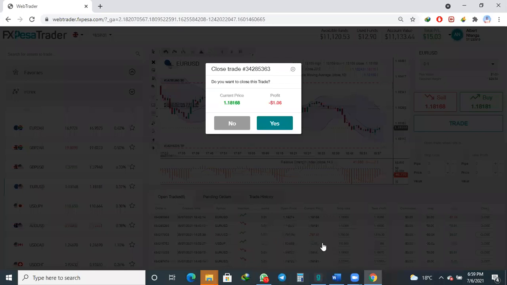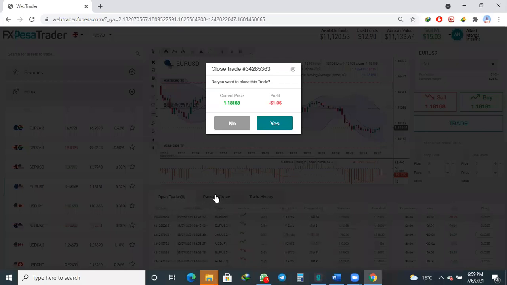That was the rate that our trade is supposed to open at. So once the trade reaches that level, it will be under the open trades.